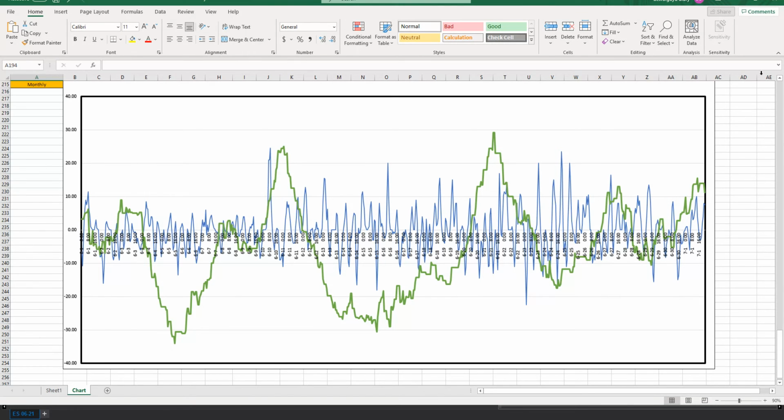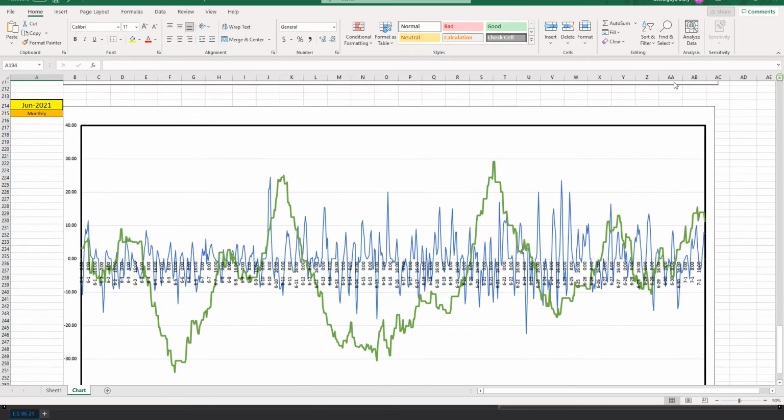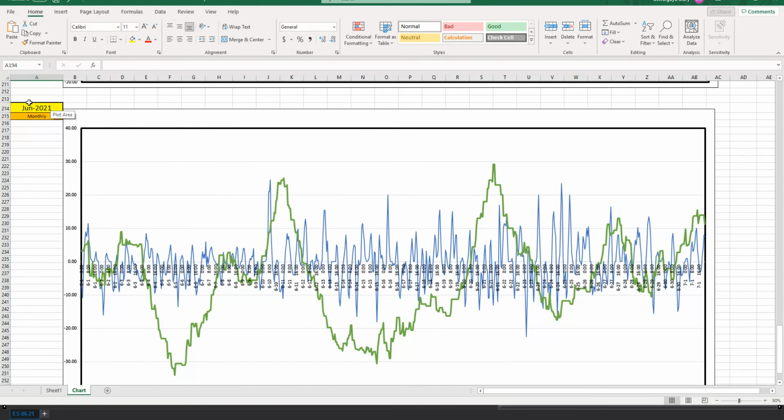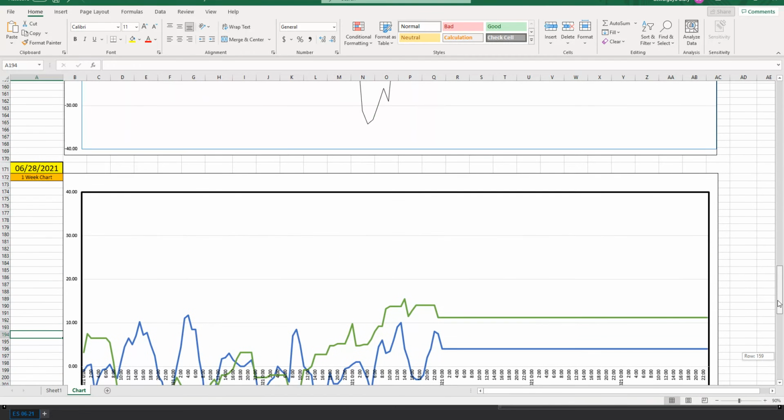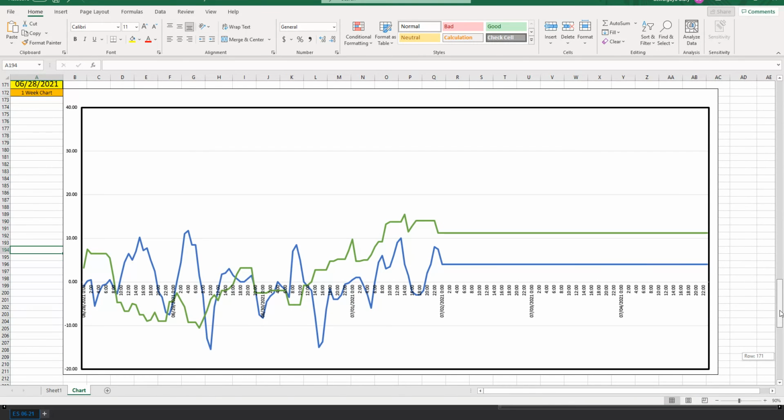This calculator has an input box here in the yellow in column A, row 214. Now when you scroll up, this is at the bottom of the page. When you scroll up, you get the 1 week chart.